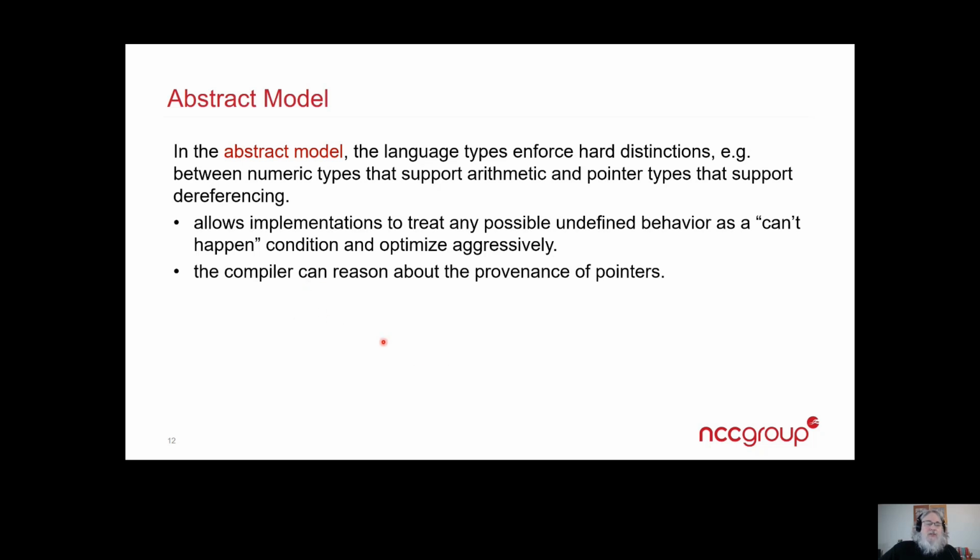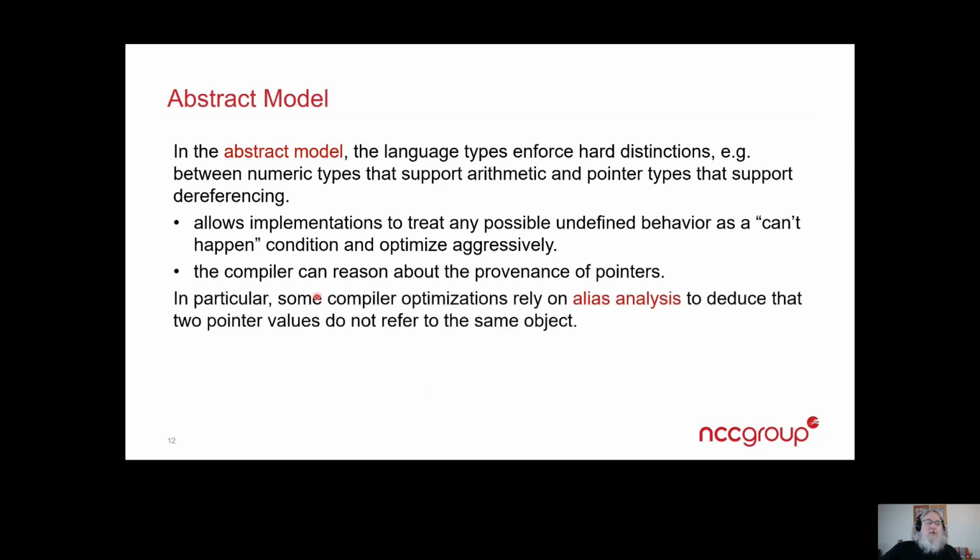The compiler can also reason about the provenance of pointers, basically think about where the pointers come from. If a pointer points to a particular object, it can only point to that object. It can't be changed to point to a different object. That would be undefined behavior.